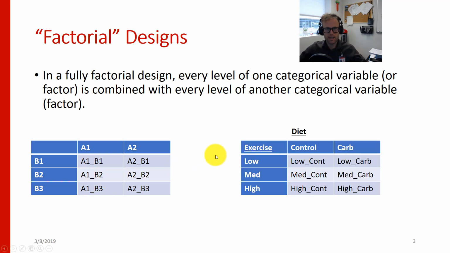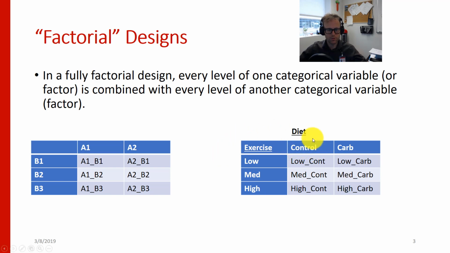We can put this in slightly more concrete terms if we think about perhaps an intervention that crosses two treatments. So we might have an exercise intervention in which we're looking at protein supplementation, carbohydrate supplementation compared to a control diet, crossed with different levels of exercise over, let's say, a 6-week period. This effectively creates 6 different groups, right?